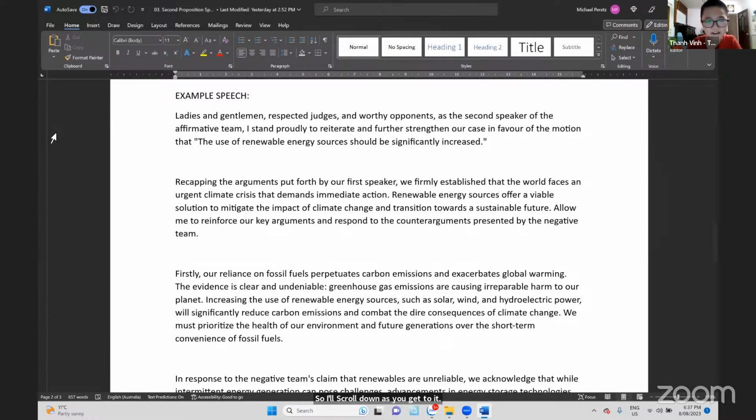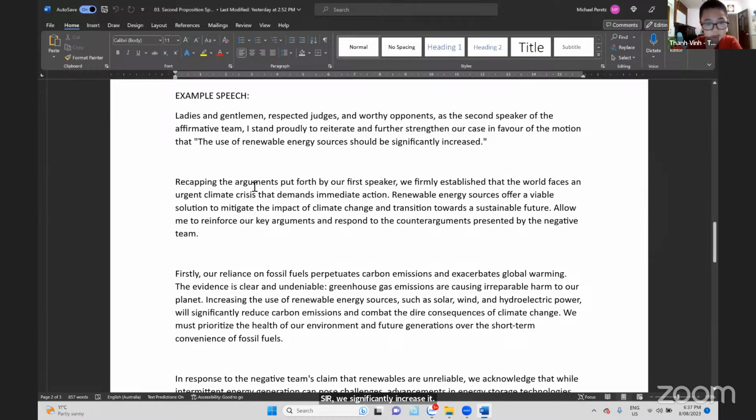Ladies and gentlemen, respected judges and worthy opponents, as the second speaker of the affirmative team, I stand proudly to reiterate and further strengthen our case in favor of the motion that the use of renewable energy sources should be significantly increased.